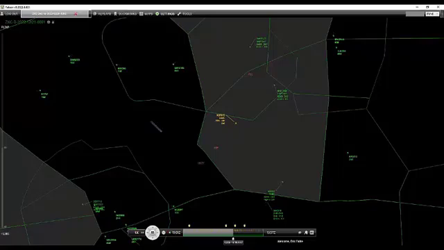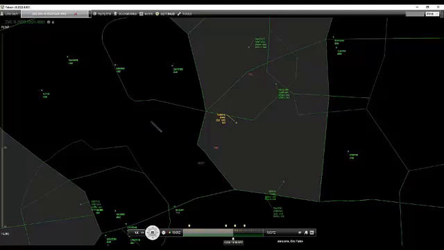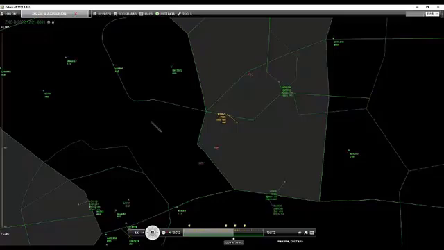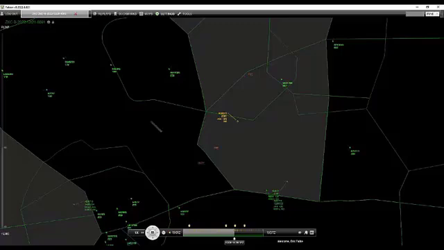Kansas City, Southwest 576, descend level 240. Southwest 576, Kansas City Center. Descend via the Lieutenant 1 arrival, landing north of Kansas City, altimeter 3053.